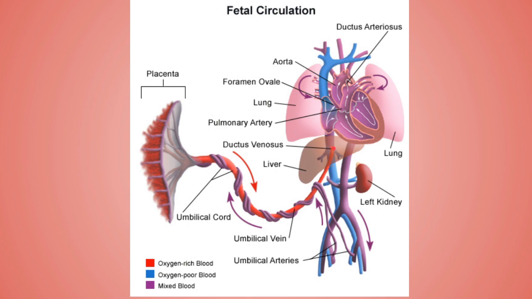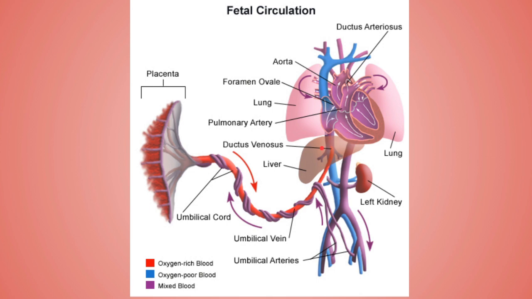Now what happens after this is that after connecting of this umbilical vein to the left branch of the portal vein, a small amount of blood actually enters into the sinusoids of the liver, a very small amount of blood, while the majority of the blood actually gets bypassed from the liver into the inferior vena cava, or we can say towards the heart.